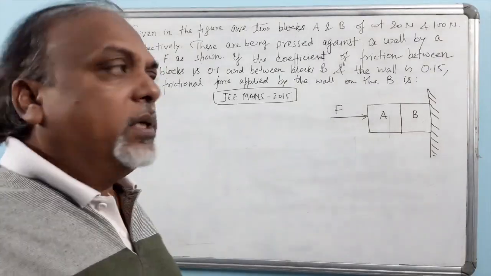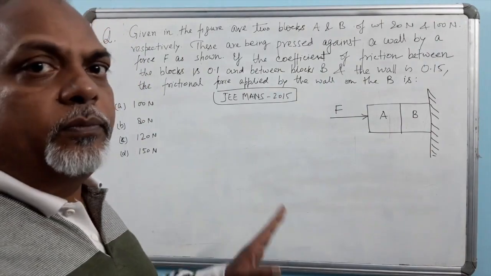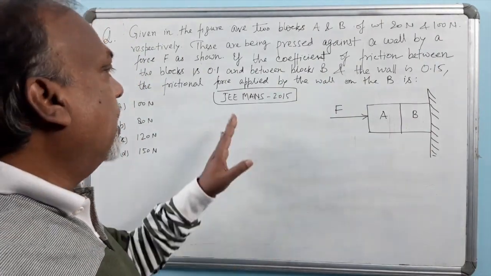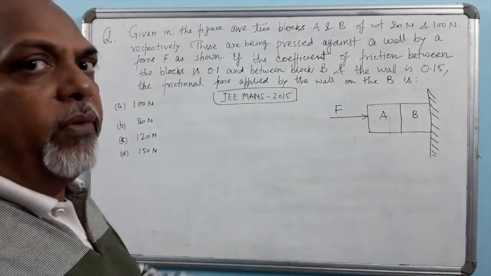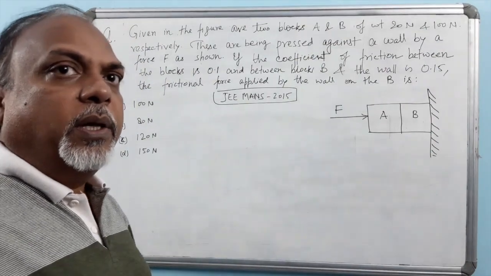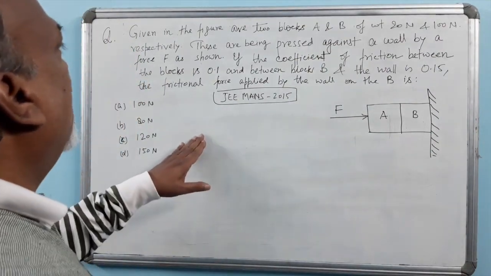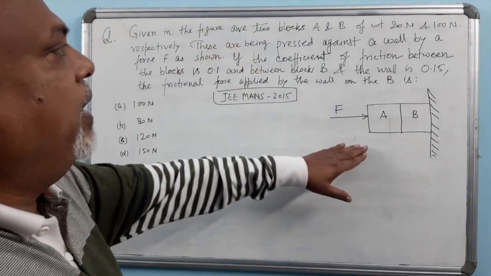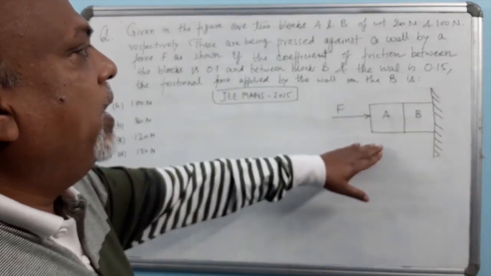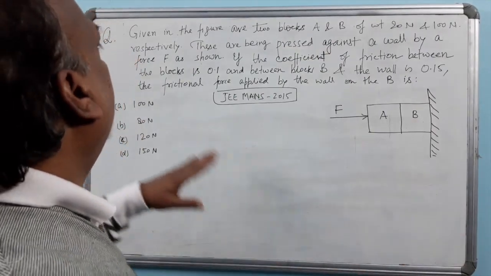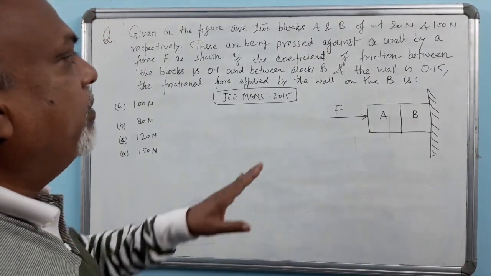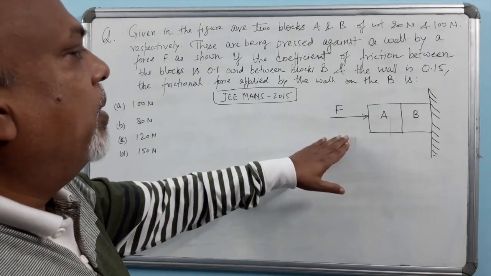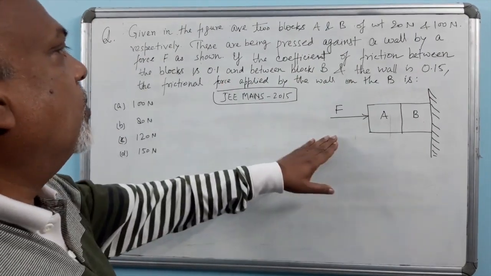So friends, this is the second question. It has come in JEE Mains 2015. As per this question, given in the figure are two blocks A and B of weight 20 Newton and 100 Newton respectively. These are being pressed against a wall by a force F as shown.